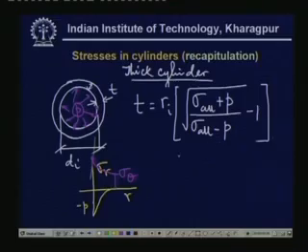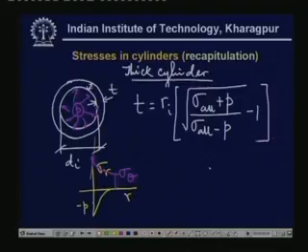Here you see that if P is greater than sigma allowable, then of course no T exists for which this cylinder can sustain this pressure. So, if we want to increase the capacity of this cylinder, that is the maximum pressure that the cylinder can withstand, then with this material it is not possible.